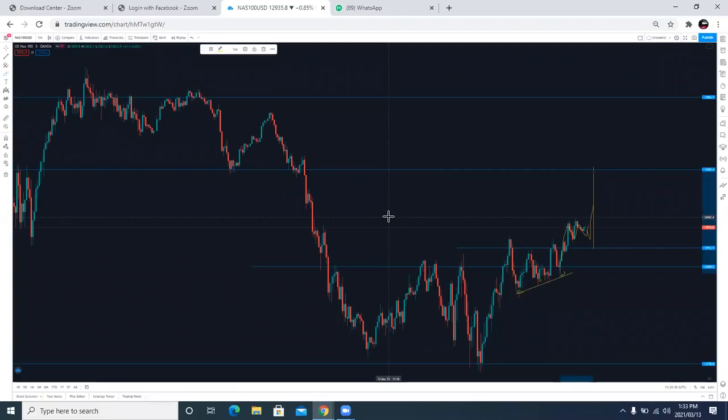The third touch has the highest probability. It's all about possible and probable. You understand?